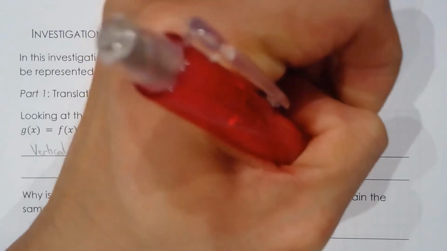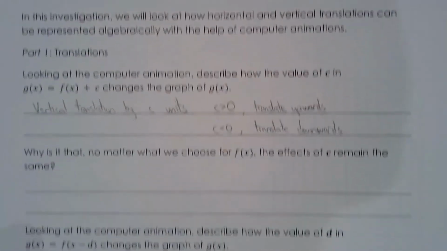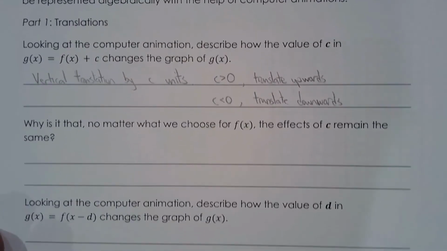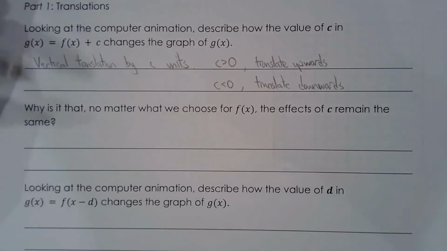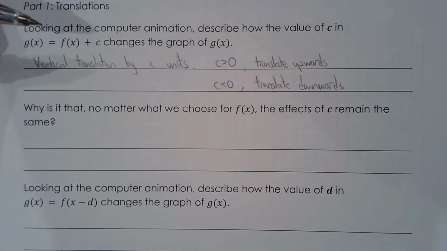One very important thing to understand is that no matter what you choose the base function or the parent function to be, it's going to be the same. C will still represent a vertical translation up or down.